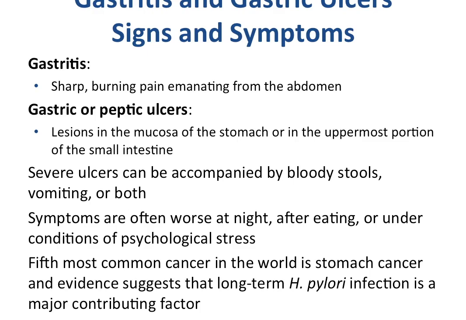With gastritis, the patient may have sharp burning pain in the abdomen. The patient may also have gastric peptic ulcers. The ulcers may be found in the stomach, the small intestine, or the duodenum. The ulcers can cause bloody stool, vomiting, or both.